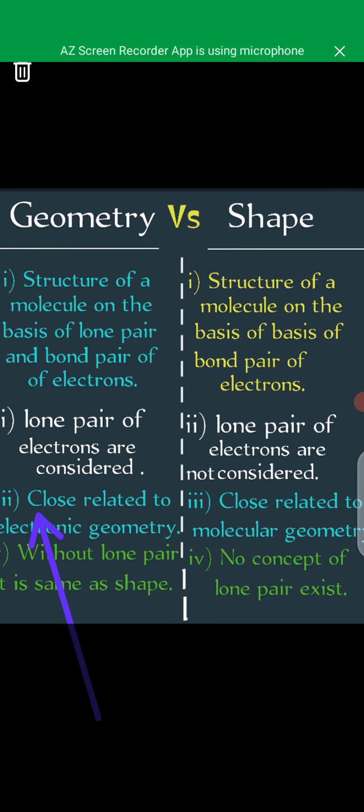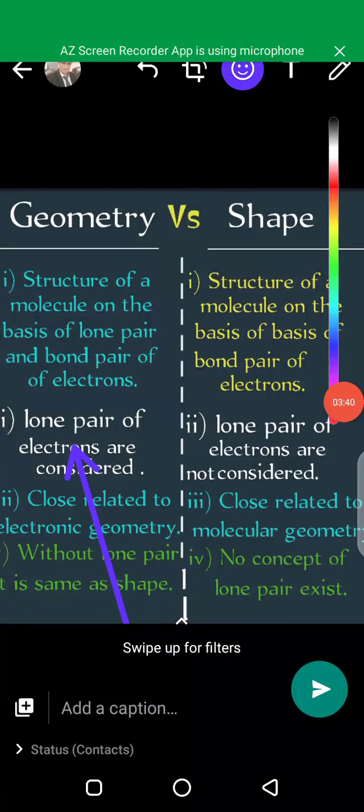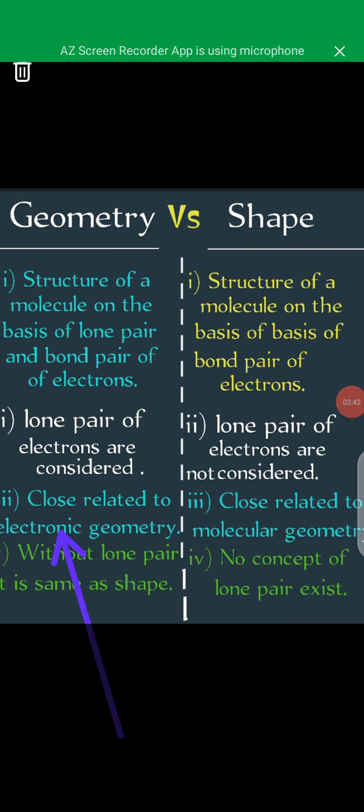Now the third point is that the geometry of a molecule is closely related to the electronic geometry. I mean, electronic geometry and simple geometry are two similar concepts. Why do we call it electronic geometry? We call it electronic geometry because we consider both types of electrons in case of geometry, lone pairs and bond pairs of electrons.